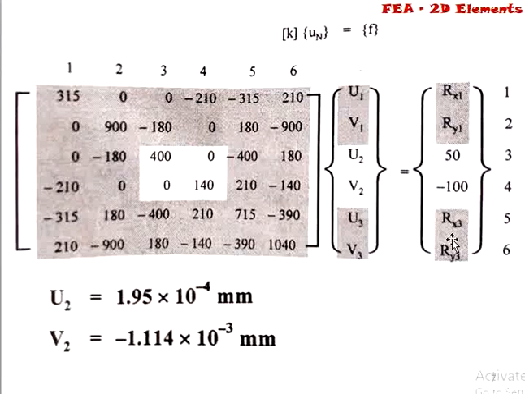Nodes 1 and 3 are fixed, so there are 4 reactions, and 50 and 100 Newton force apply on node 2, so we write 50 and 100. So by the elimination approach we can easily calculate the values of u2 and v2.